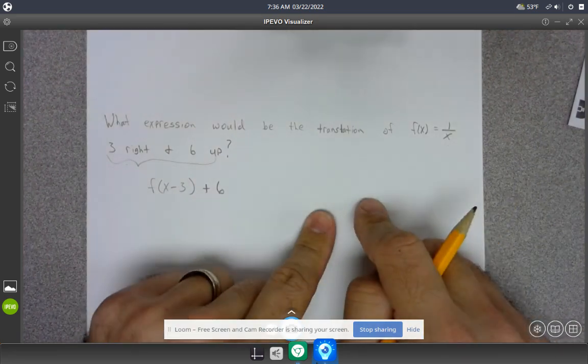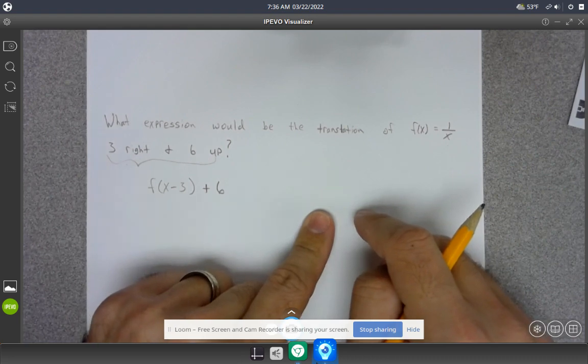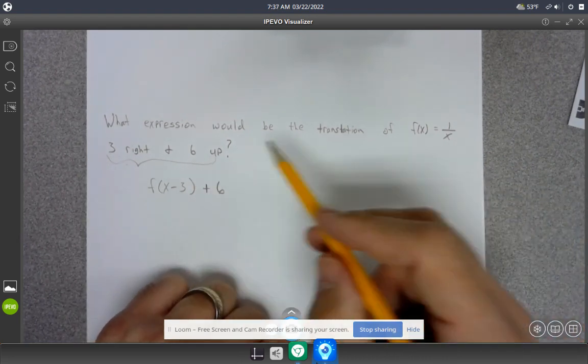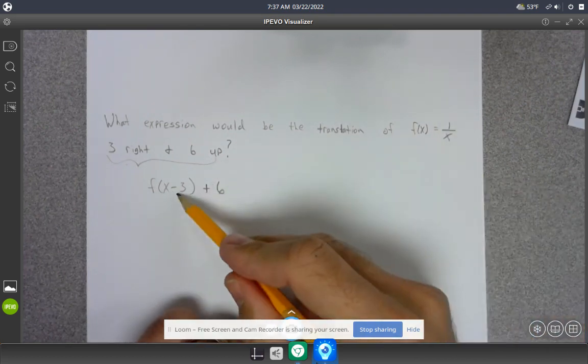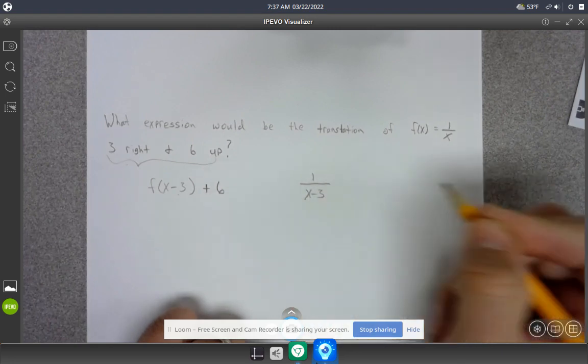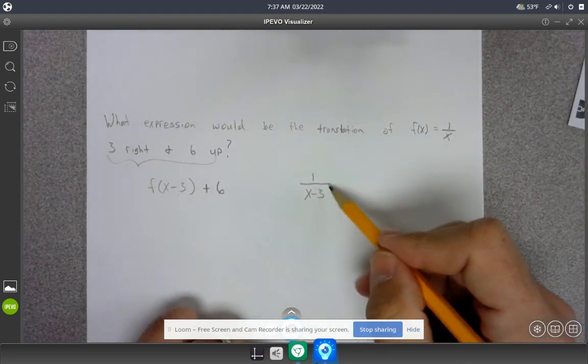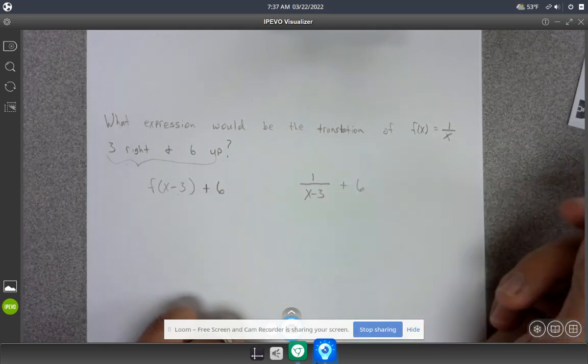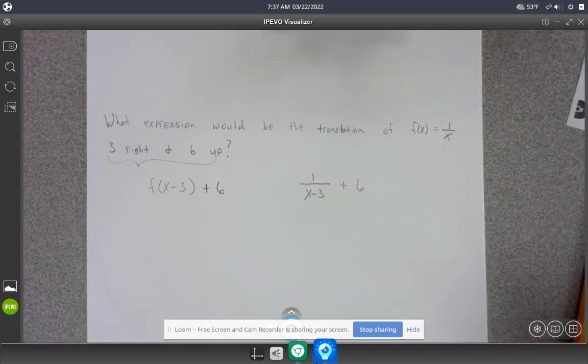But over here, I'll write my actual answer, right, in algebraic notation. I'm going to replace the original x with an x minus 3. So it's 1 over (x minus 3). And then after I do that part, I'm just going to plus 6. Okay, and that's it. That's my answer.